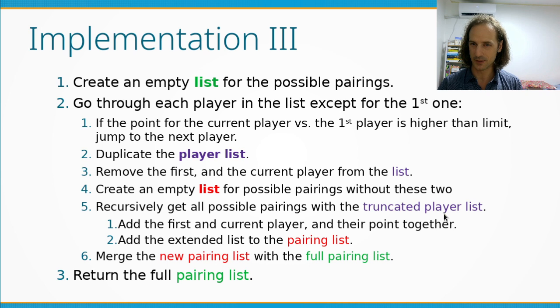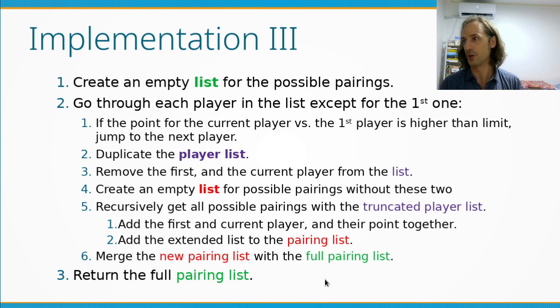For all the pairings we get, we add our current pair with the first and current player and add their point to the sum, and then we give this to the pairing list. In the end we merge this new pairing list with the full pairing list, and then we return the full pairing list.